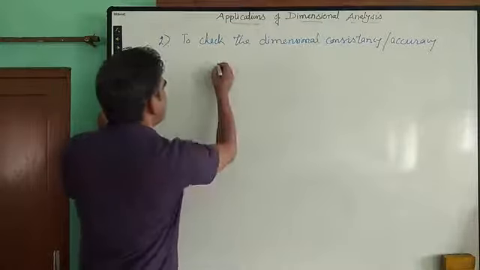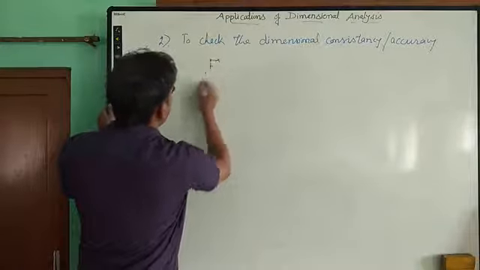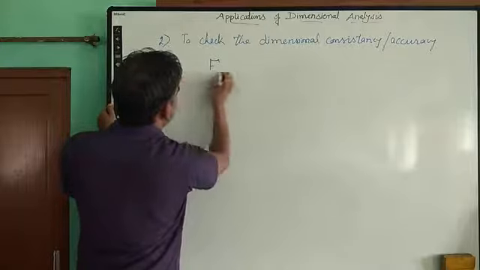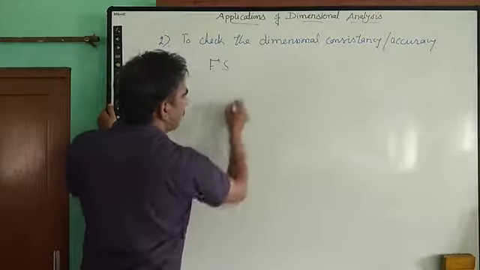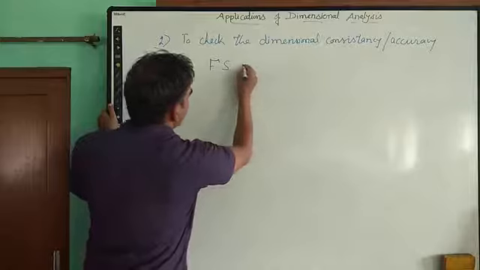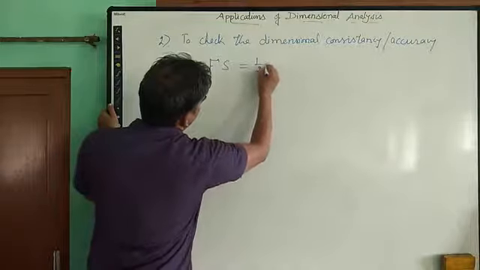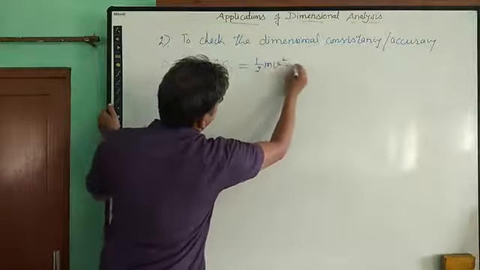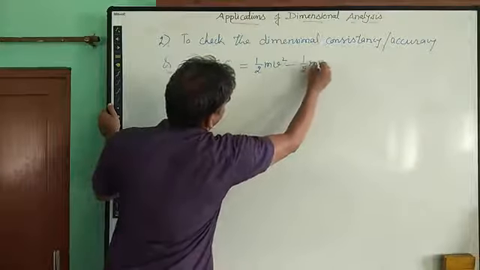There is a question, just this relationship. We have to check the consistency of this equation, which is F into s equal to half mv square minus half mu square.